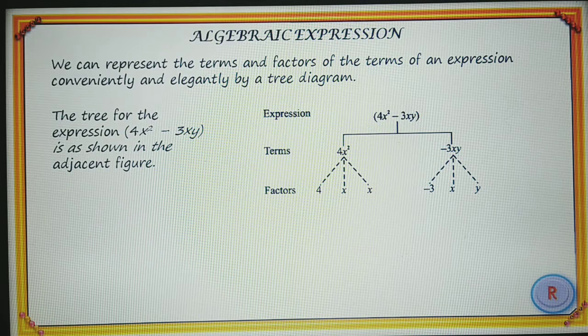They are 4x square and minus 3xy, and again we have sub branches to represent factors. Coming to the term 4x square, the factors are 4, x, x. In the other term, minus 3xy, the factors are minus 3, x, y.